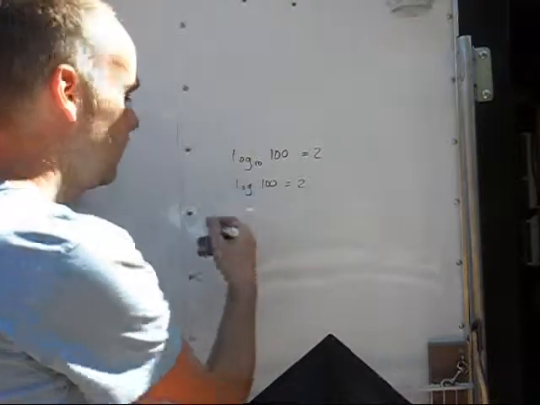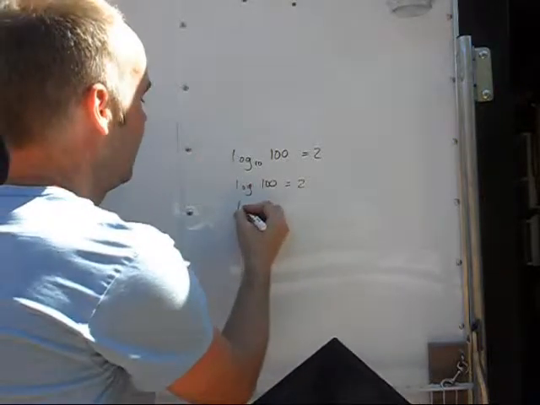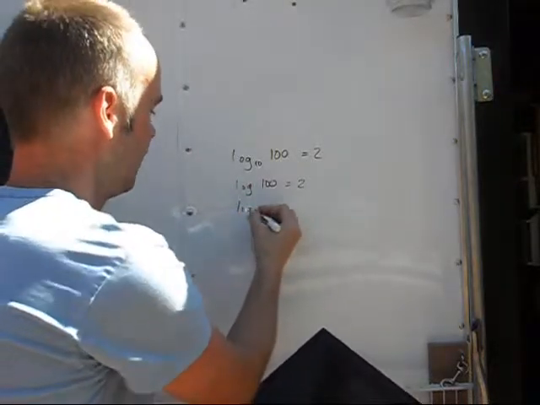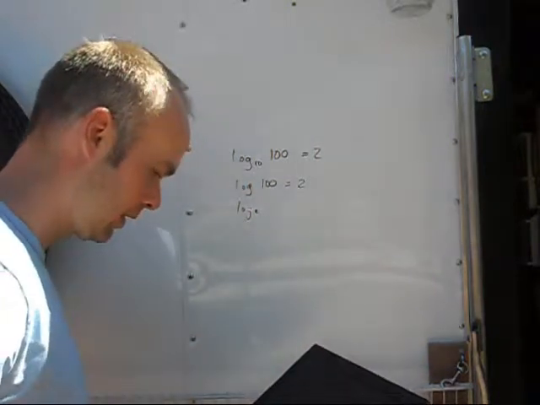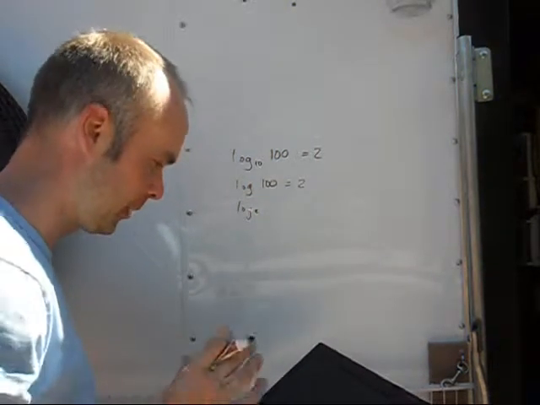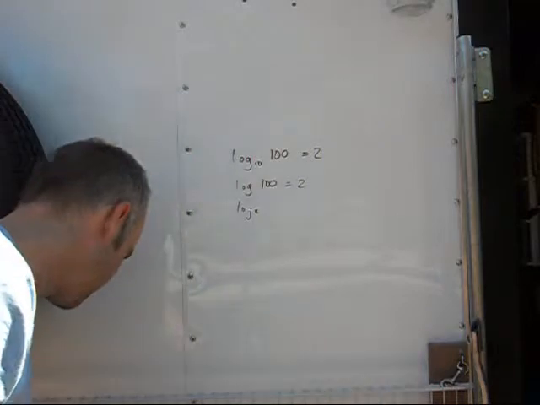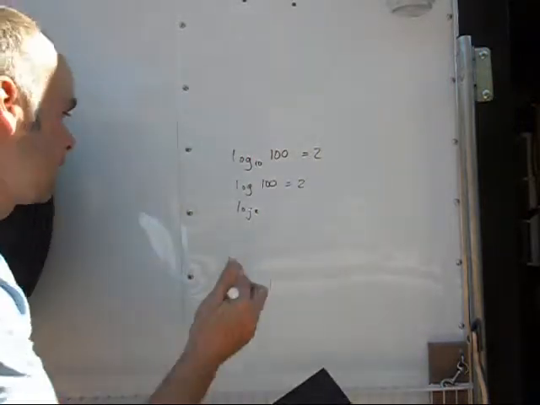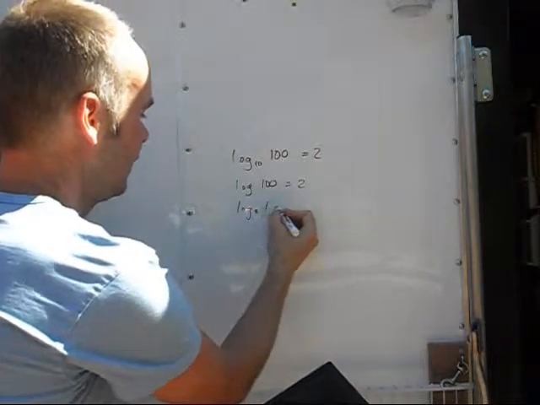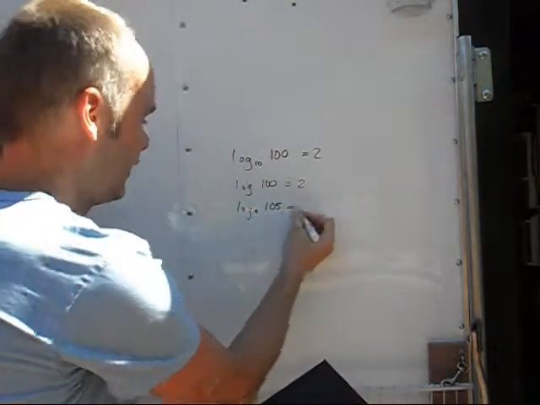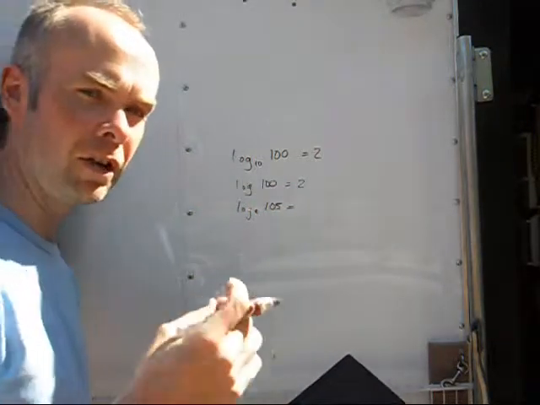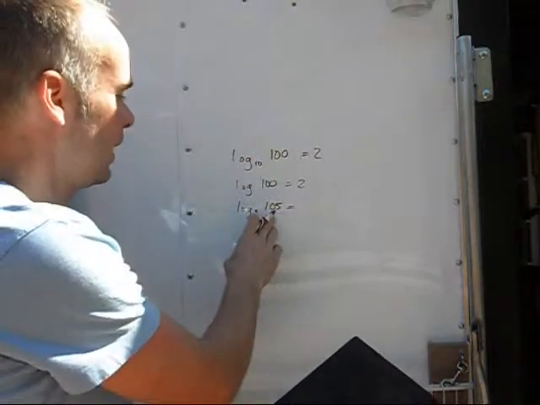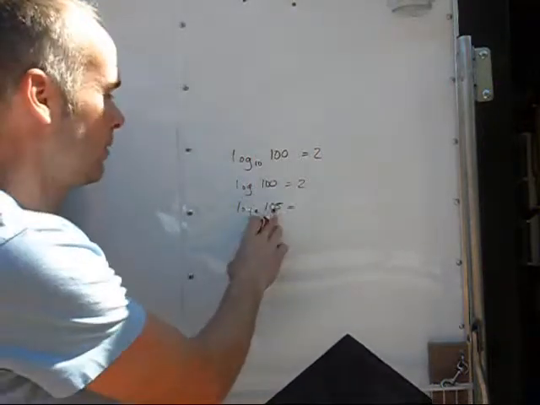We mentioned e, so if you see log base e, an example here: what is the log base e of 105? We're looking for the power of e that gives a result of 105, the anti-logarithm of 105.